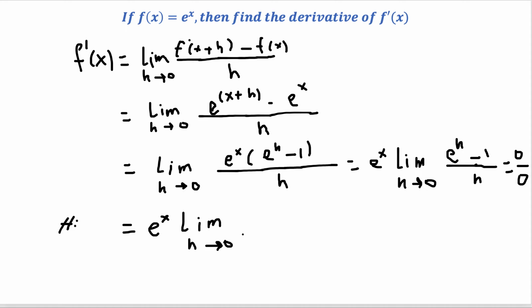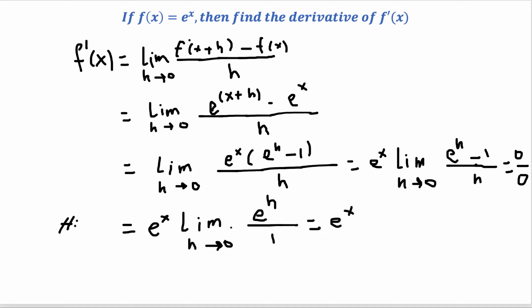According to L'Hopital's rule, if we take the derivative of e to the h minus 1, it is just e to the h, and the derivative of h is just 1, and this is going to be equal to e to the x.